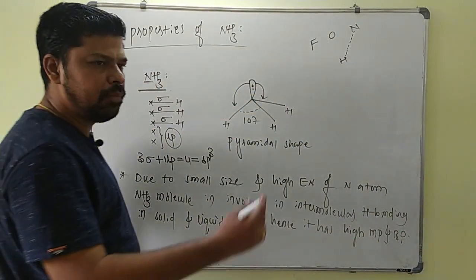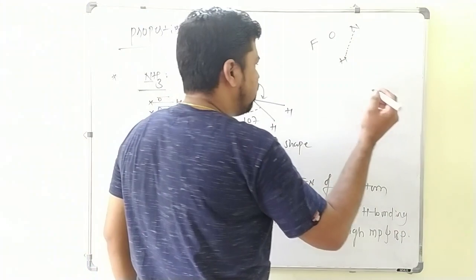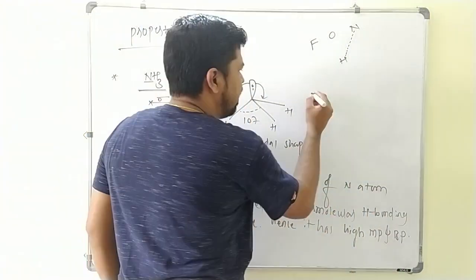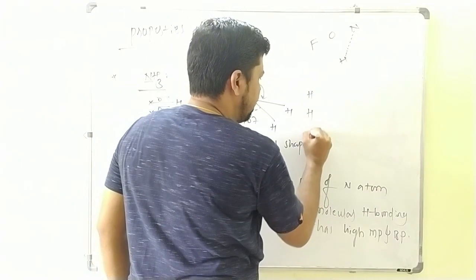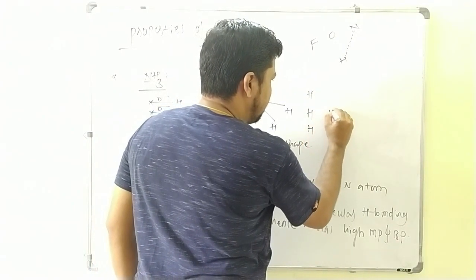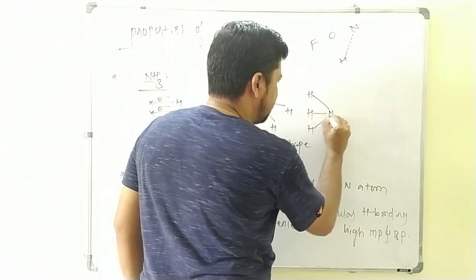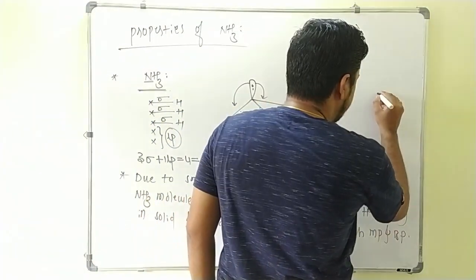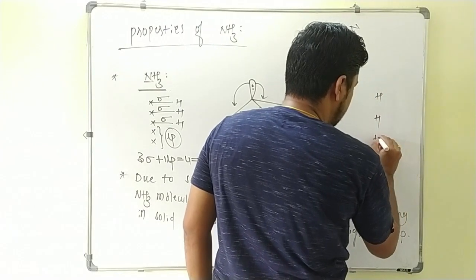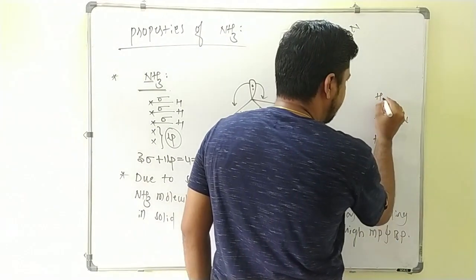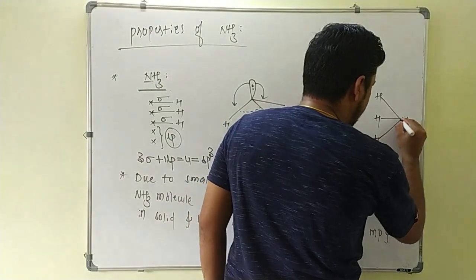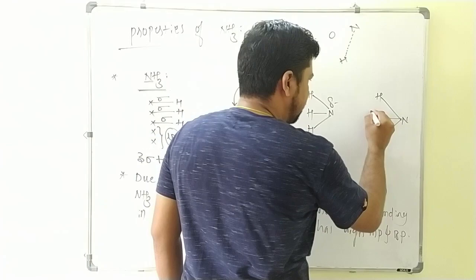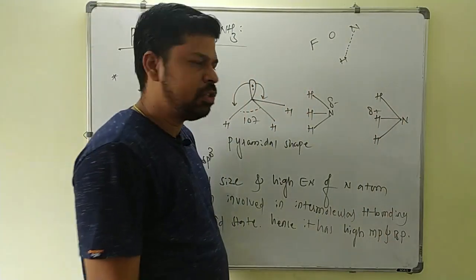So, for this ammonia molecule, I will show the intermolecular hydrogen bonding that exists between ammonia molecules. Suppose I take one ammonia molecule, this is your nitrogen, to which 3 hydrogen atoms are connected, and I will write another ammonia molecule here. So these are the 3 hydrogen atoms which are connected to the nitrogen like this. This is electronegative, partial negative, and this is electropositive hydrogen, partial positive charge.